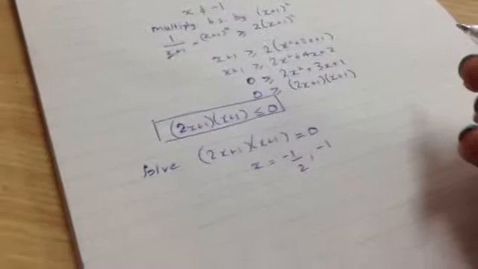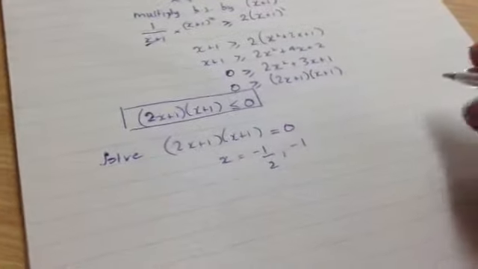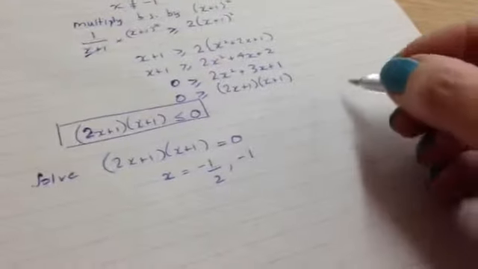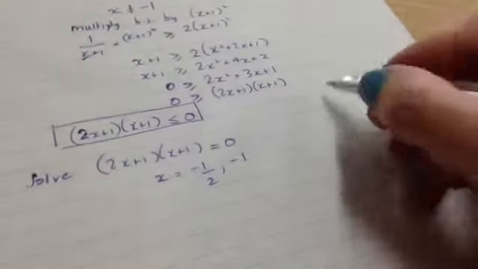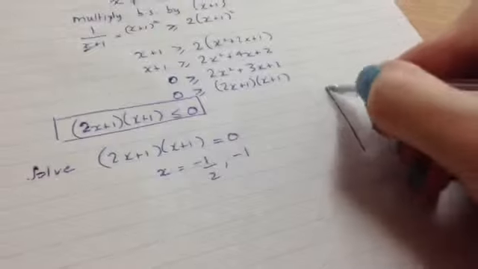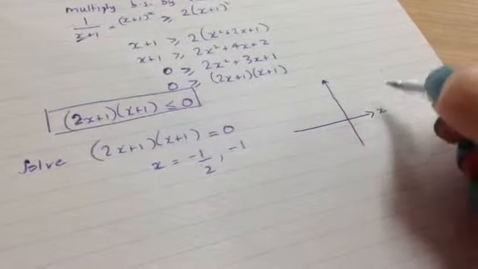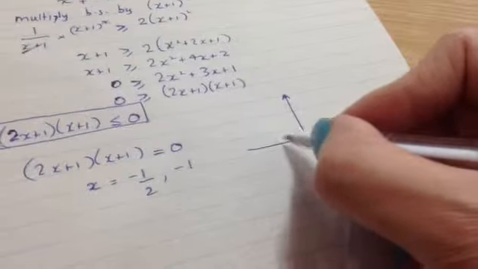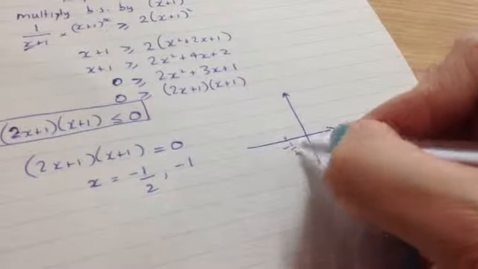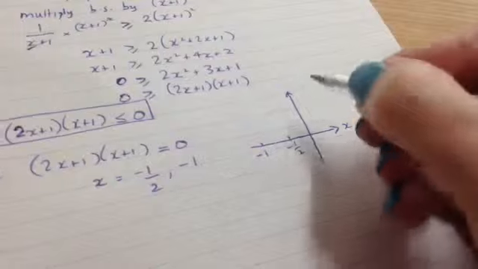So what you do with that is you draw yourself an xy plane, just do a quick sketch, where you plot those 2 points on there. So you've got -1/2 and -1.